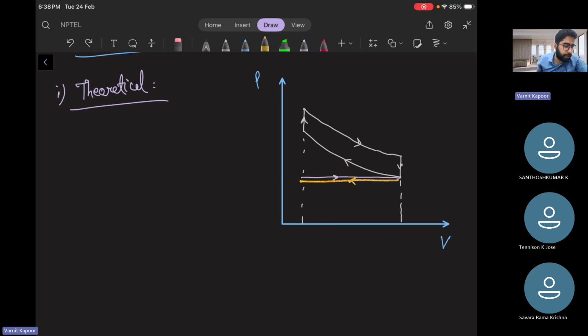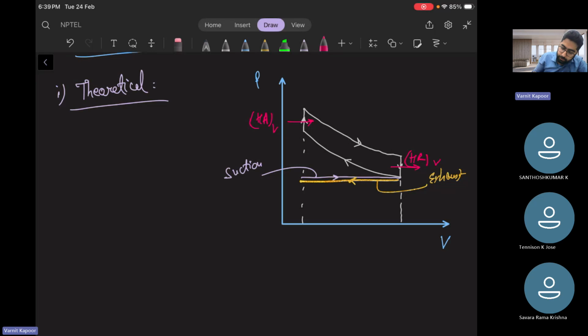That's why we don't generally show this suction and exhaust process in the PV diagram cycle. Although in the representation we will depict, this is your suction stroke and this is your exhaust stroke. This was your isentropic compression, heat addition and heat rejection at constant volume.